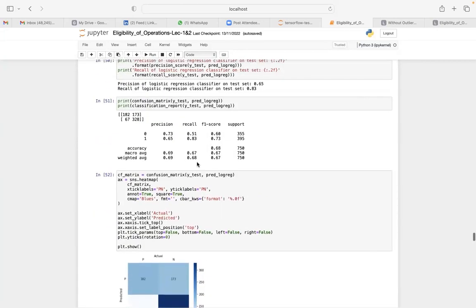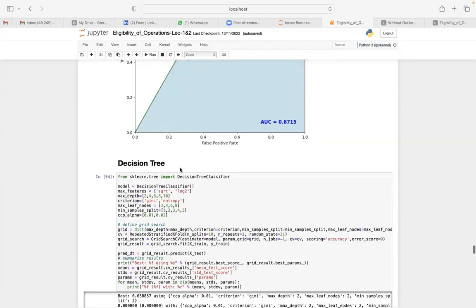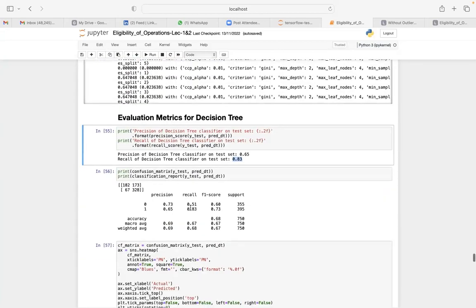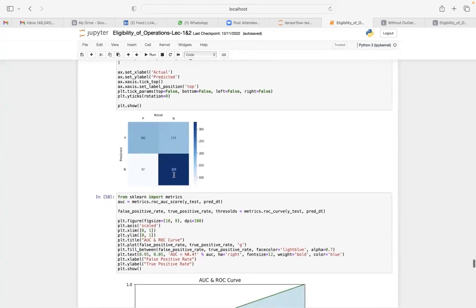And you can see 328, 182, and 73, 67 is what we are getting. So very much similar to what we got on the previous occasion.